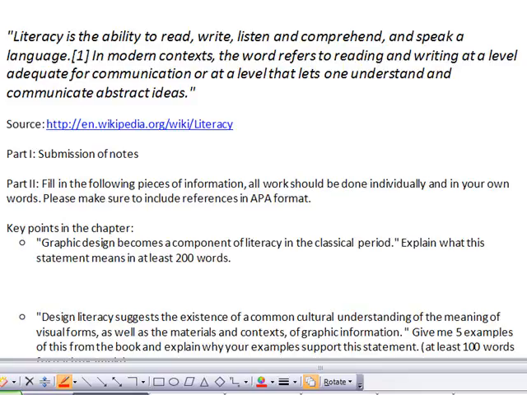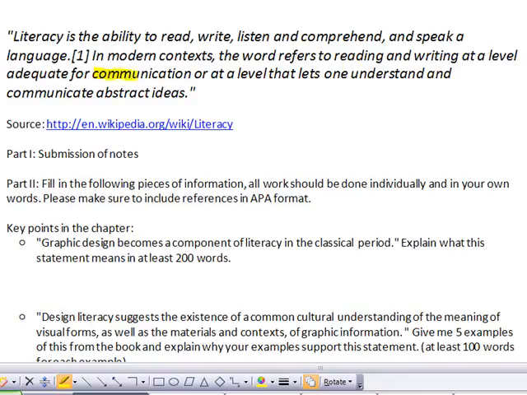So, classic literacy. Literacy can be defined as the ability to read, write, listen, comprehend, and speak a language. In modern references, literacy refers to reading and writing at a level adequate for communication.